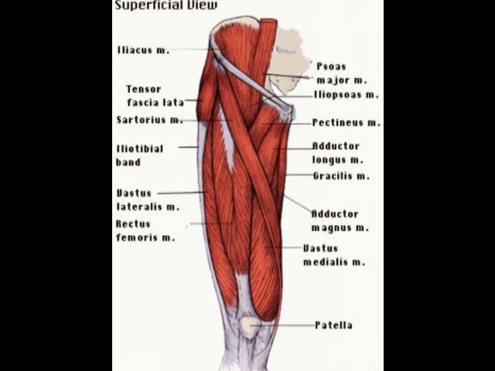Basically showing the thigh muscles again, the adductor muscles, adductor longus, gracilis, pectineus, psoas major, the patella, which is where your knee is, adductor magnus.